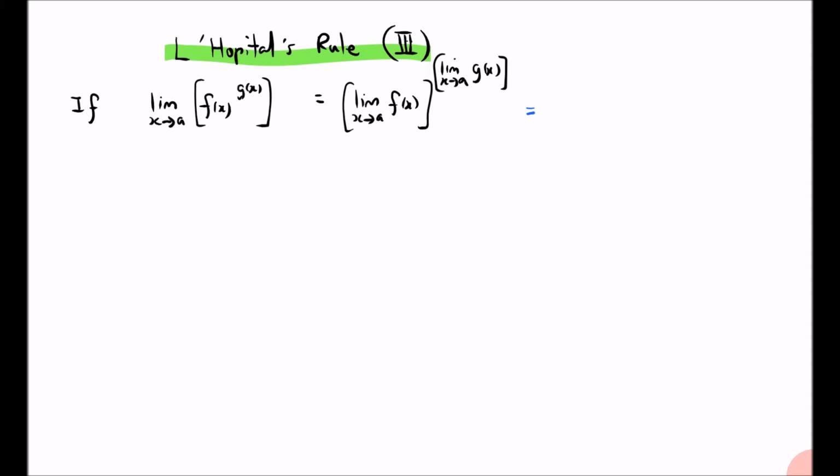But if it gives us an indeterminate form, which could be 0 to the power 0, or 1 to the power plus minus infinity, or plus minus infinity to the power of 0, these are the indeterminate forms that involve power.